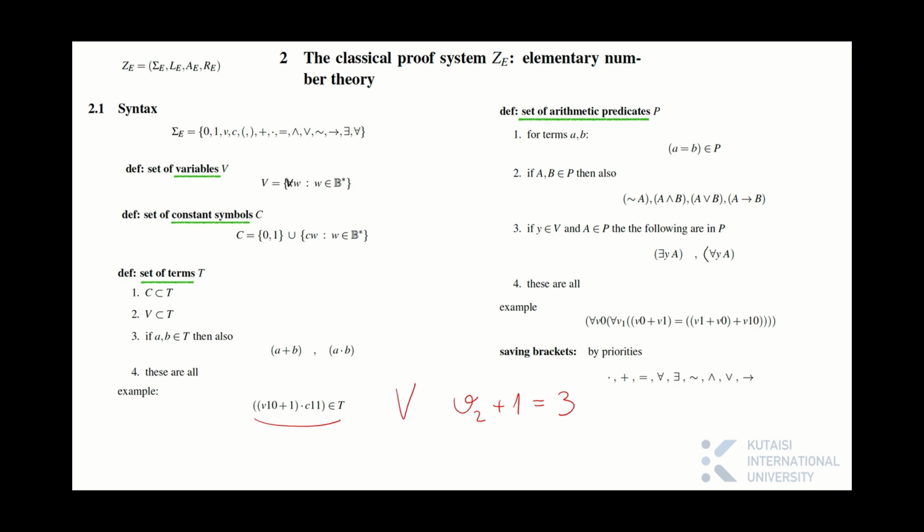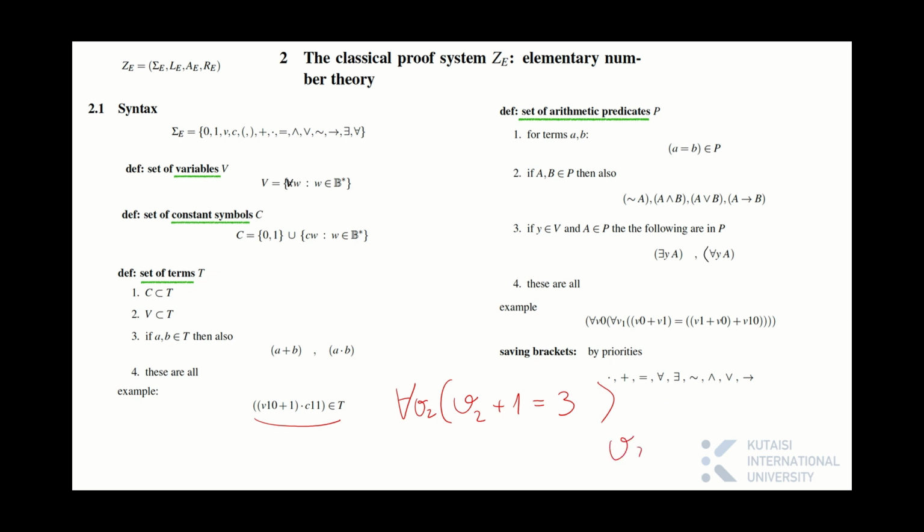But now if I make something like this, is this true? No, right? Because for any v2, v2 plus 1 is not 3. So what I did by doing this is I bounded this variable. Intuitively speaking, I'm going to purely syntactically write down what it means to have a bound and free variable.